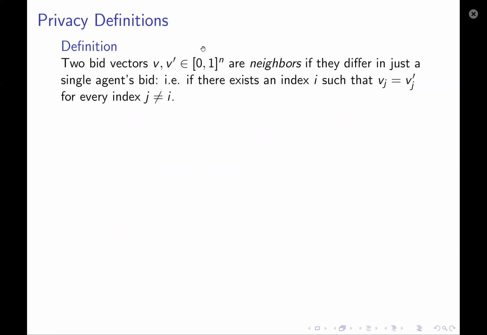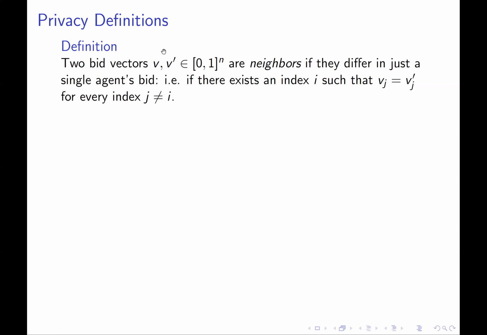Our tool is going to be differential privacy, and so let me now define for you what that means in this context. First of all, borrowing some terminology from the privacy literature, let's call two vectors of bids, where a vector of bids is just one bid for each of the n bidders, and each bid is some number between 0 and 1, neighbors if they differ in the bid of just a single agent.